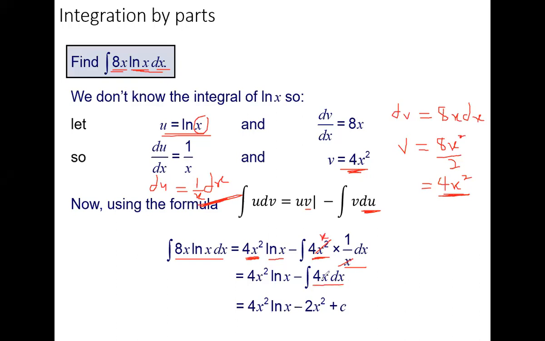And when we integrate 4x dx, if you like, bring the 4 out, then you get x squared over 2. So 4x squared over 2, the 2 will cancel out the 4 and you get 2 here. So you get 2x squared from the integral. And your final answer will be 4x squared ln x minus 2x squared plus c.